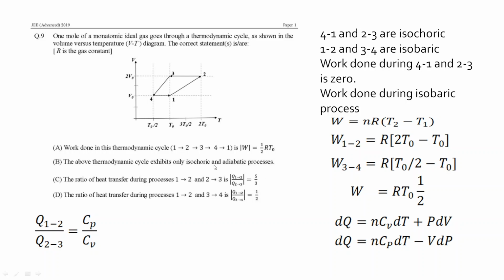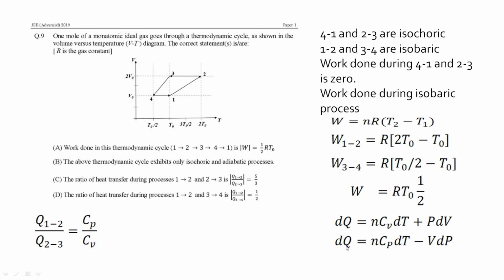So in option D, they are comparing the heat energy transfer during process 1 to 2 and 3 to 4. As this is an isobaric process, you have to use this equation, and in this process pressure is constant, so this term goes to 0.